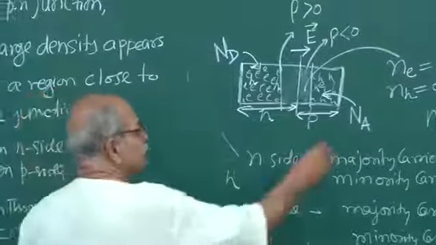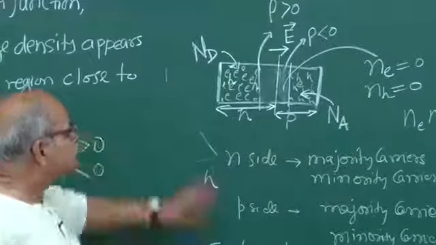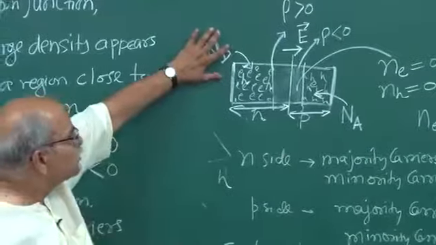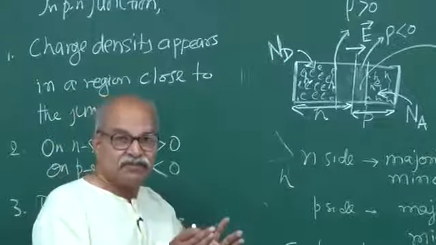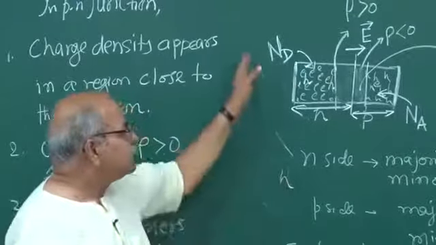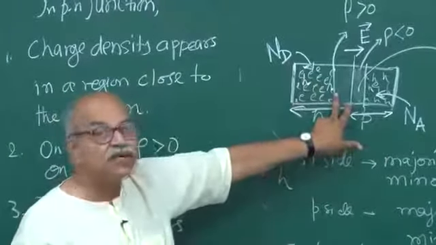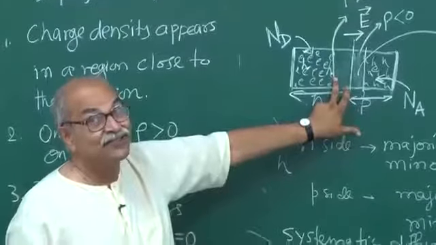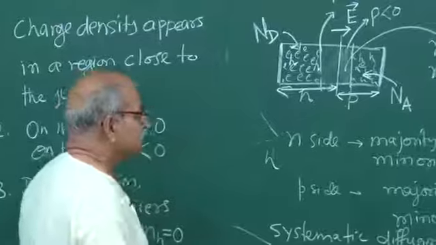Similarly, Na and Nd, they will decide. The larger the impurity doping concentration, the smaller will be the width. So if Na and Nd are not equal, you can have unequal width on the two sides of the junction. So those are the things.